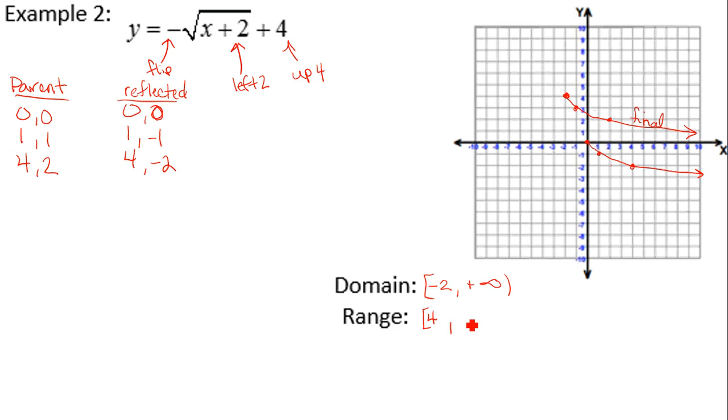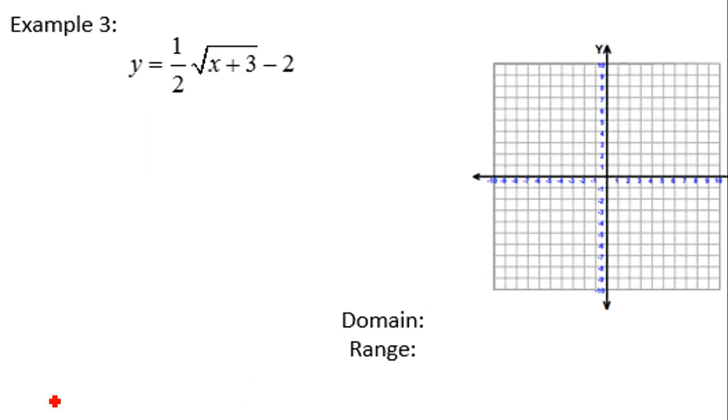So this is 4 to negative infinity, or we would write negative infinity to 4. You may also say my y values are less than or equal to 4. And just like here, you could say your x values are greater than or equal to negative 2, if you want to write it either way. You don't have to write both, but either way.